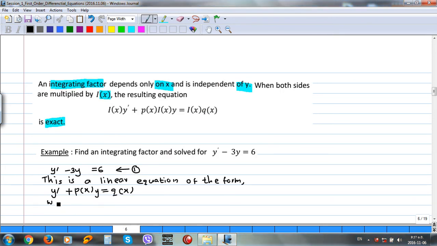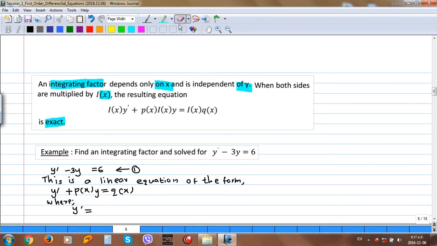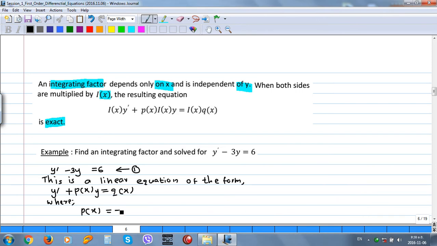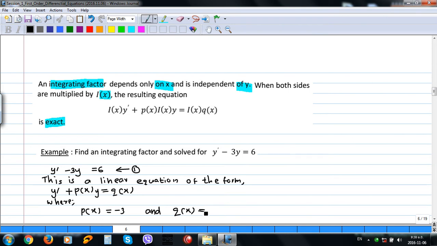So where y dash means this one, y dash is given, so no need to write y dash. Where p of x means this part, that is minus 3, and q of x equals 6.